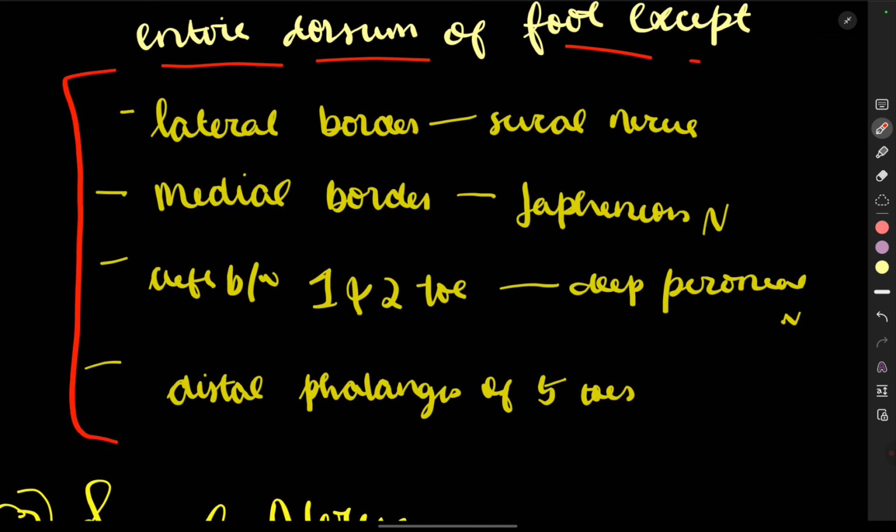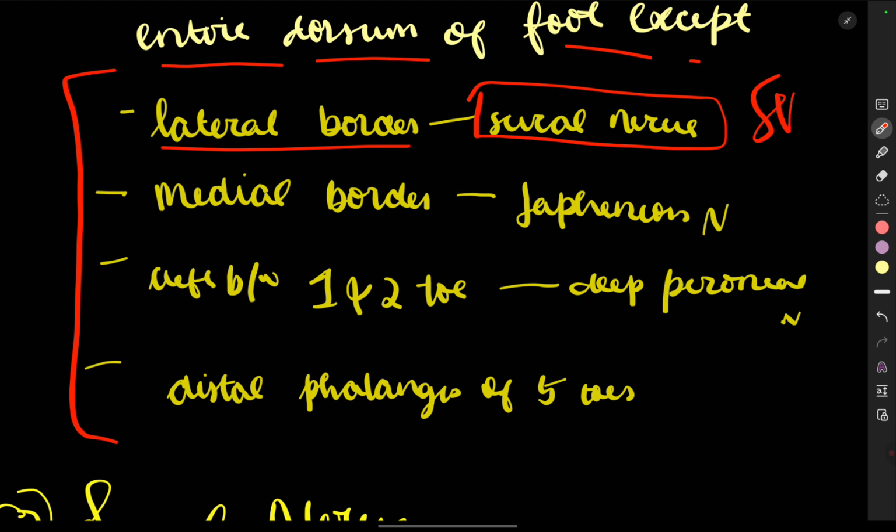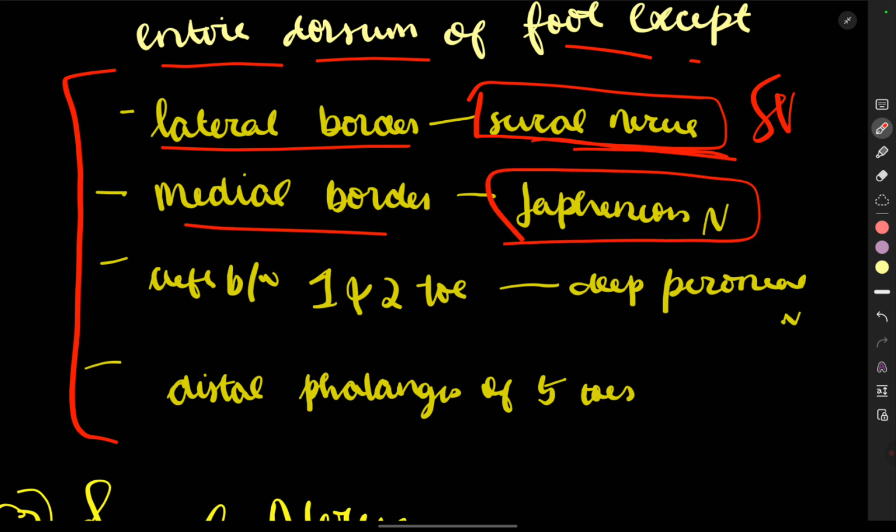Let us see what those are. The lateral border is supplied by the sural nerve, as we saw with the veins, where we had the sural vein on the lateral side. The medial border is supplied by the saphenous nerve.